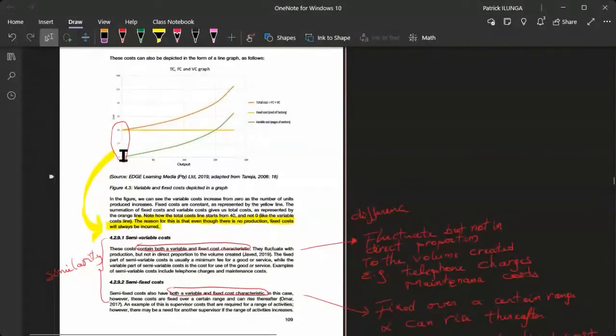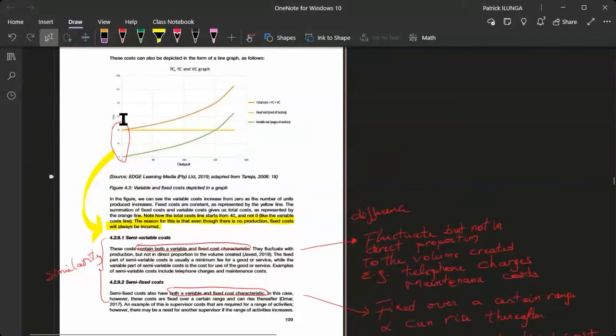The variable cost, obviously, grows with the amount of volume, right? The more units we produce, the more total variable cost we get. But you know that the total cost equals fixed cost plus variable cost.